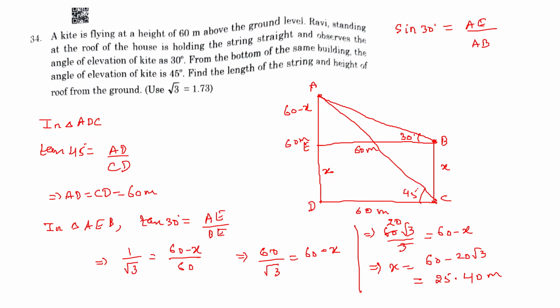Sine 30 degree is 1 by 2. And AE value is 60 minus 25.4 by AB. So from here AB value will be 2 times 60 minus 25.4, which is 34.6, and if you multiply you will get 69.2 meter.